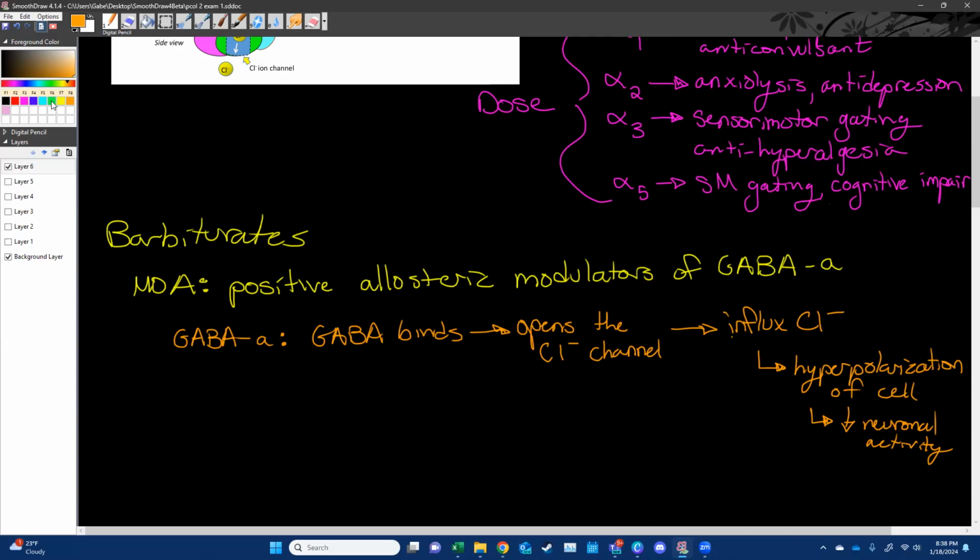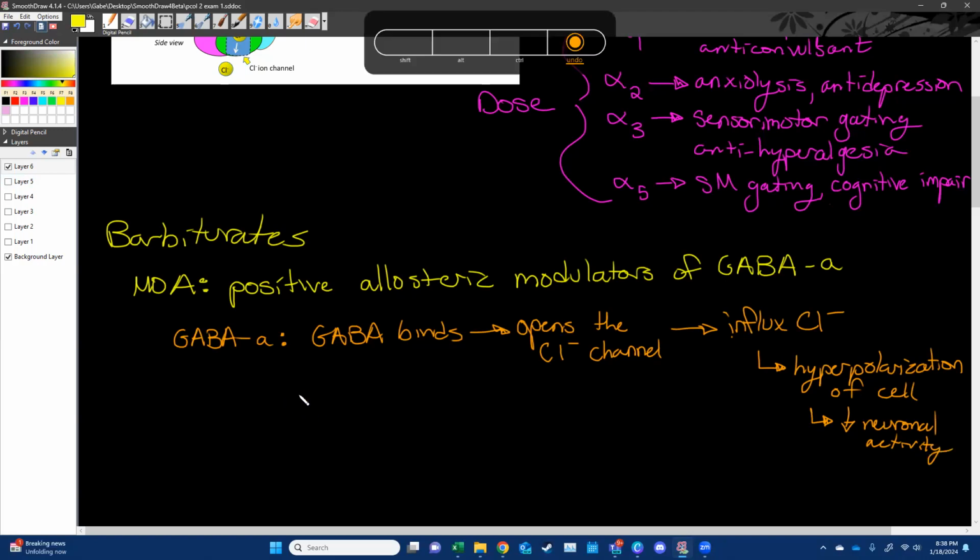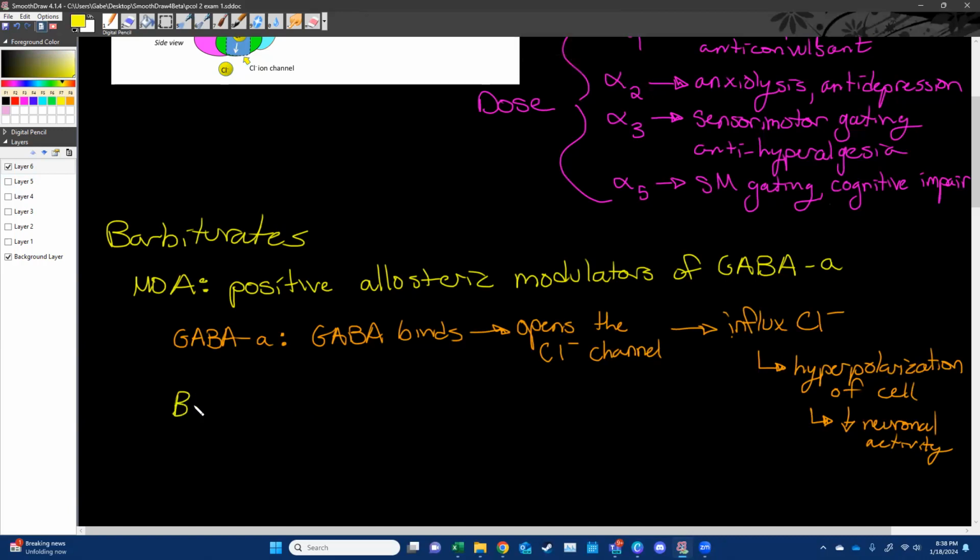What the barbiturates are doing is that they bind to the allosteric site. So they're not binding at the same place that GABA is, they're binding somewhere else.